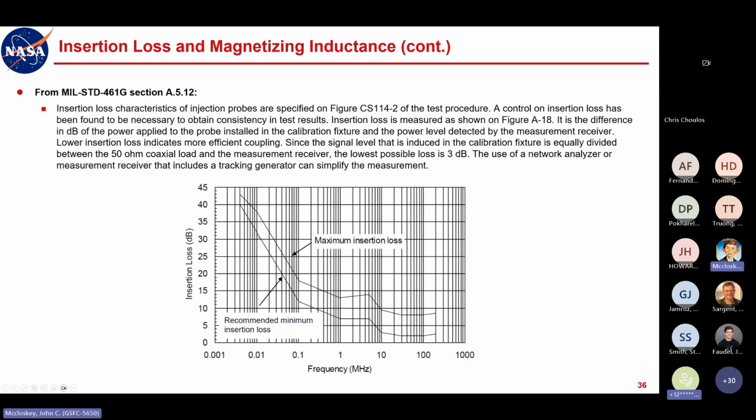There are tens of dB of insertion loss, and this part of the curve is where the insertion loss is dominated by the actual probe loss. So the probe is going to give you tens of dB of loss at 10 kilohertz, and then the knee in the curve is about 1 megahertz, and that's actually about where the knee in the curve for the limit lines is. Coincidence? I don't think so, but we'll come back to that point.